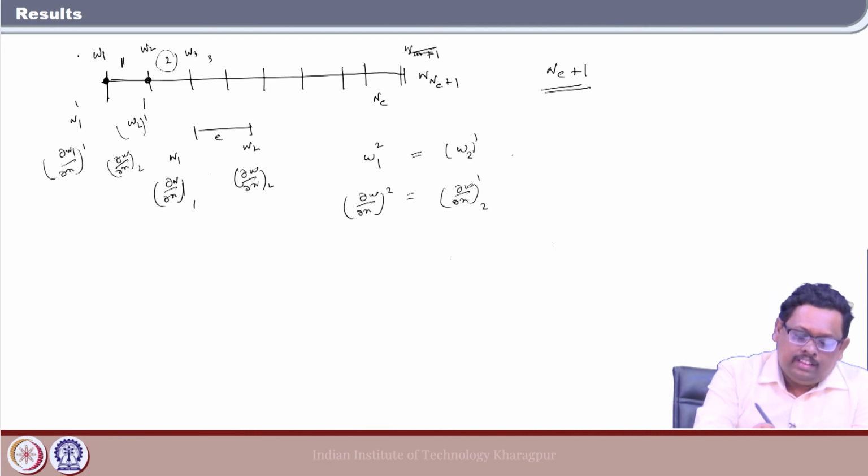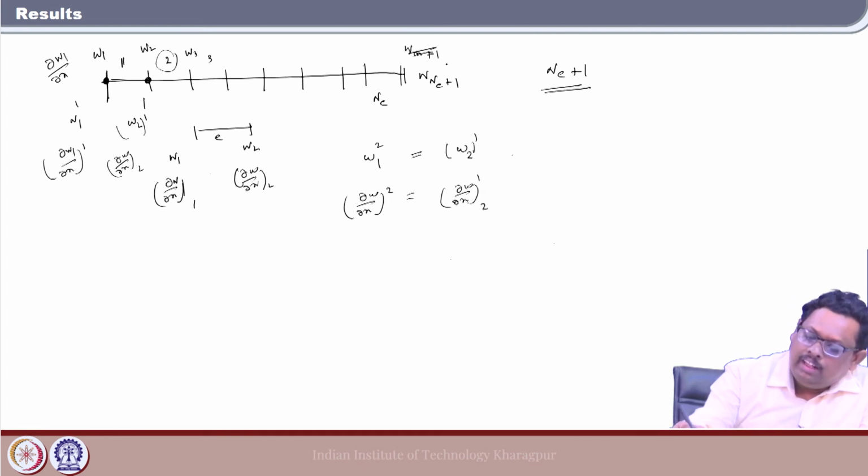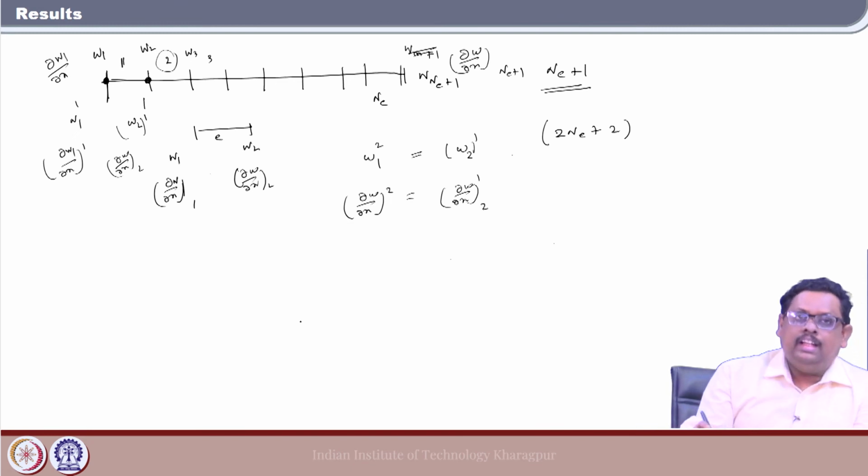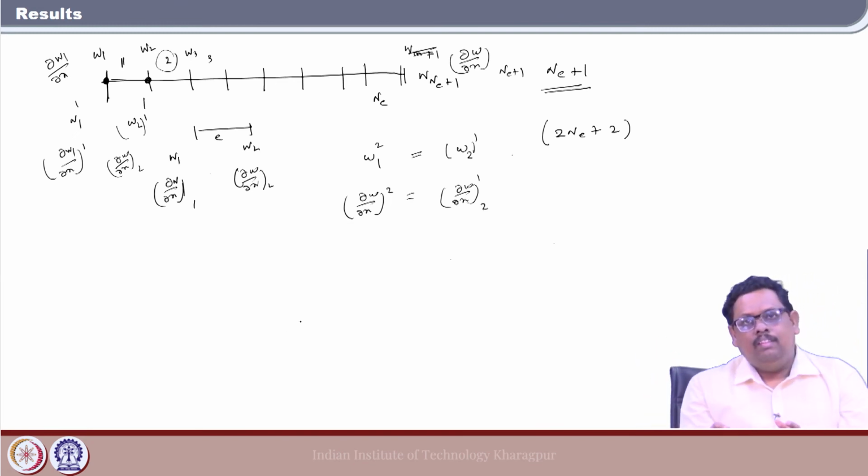So, therefore, here also I have del w 1 del x and similarly, at the end node I have del w by del x which is n e plus 1. So, the total number of nodes I have is 2 into n e plus 2, right: n e plus 1 for w and again n e plus 1 for del w del x.